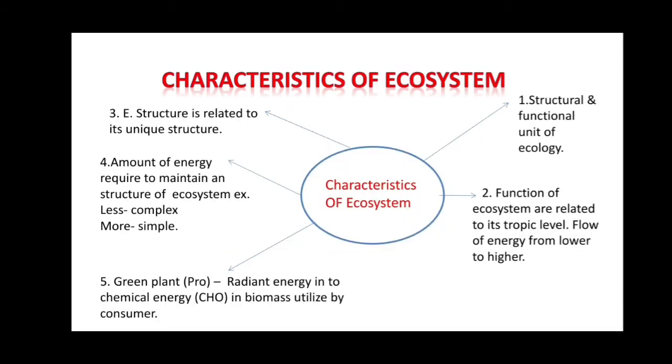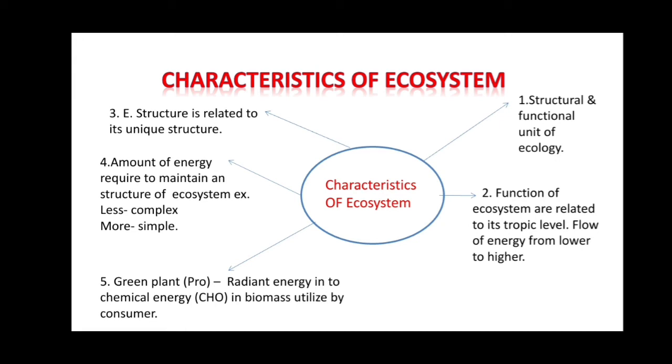Again, the characteristics of an ecosystem. First, the ecosystem is a structural and functional unit of ecology. Second, the functions of an ecosystem are related to its trophic levels, that is, the flow of energy from lower trophic level to higher trophic level. Third, ecosystem structure is related to its unique structure.